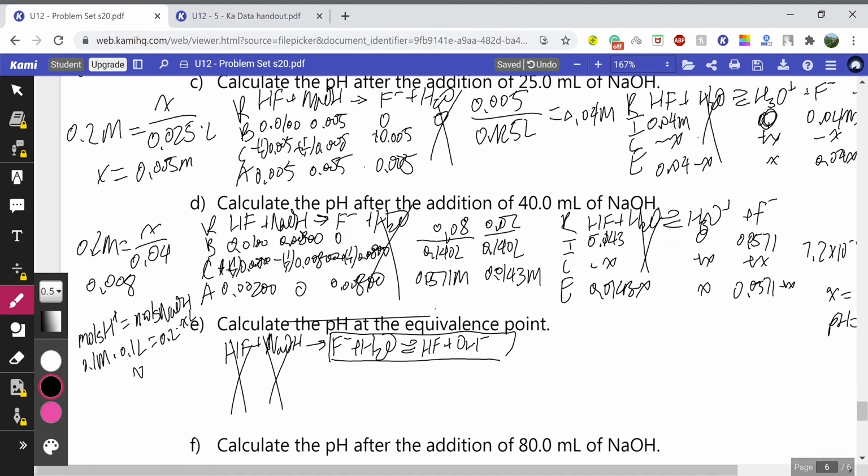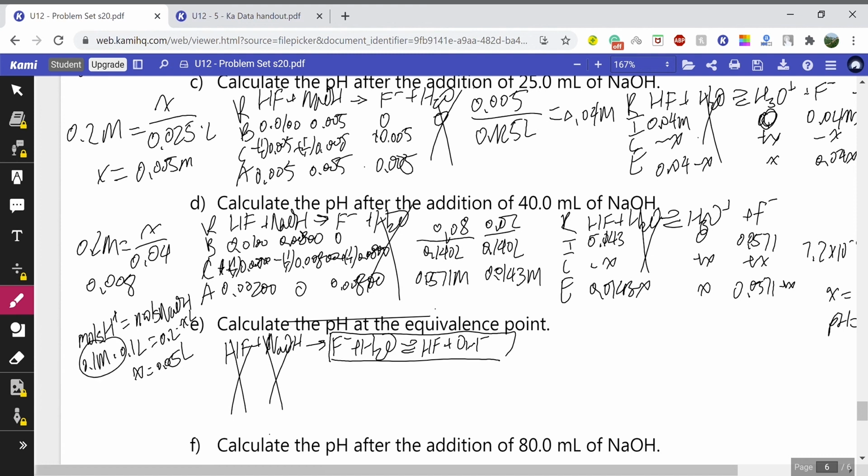If you solve for x, it will be 0.01 divided by 0.2, which gives you 0.05. So there will be 0.05 liters of NaOH in order for it to be equal molar.